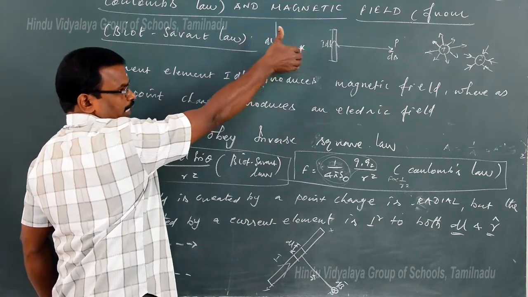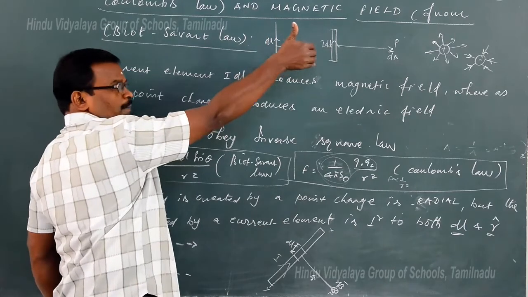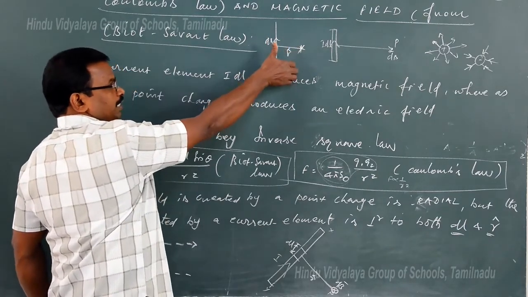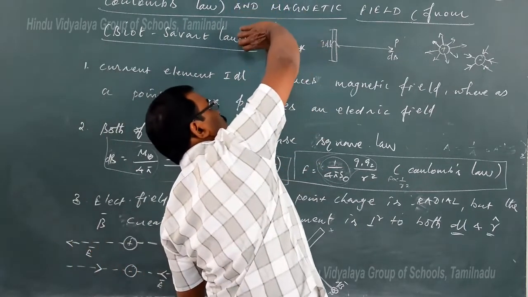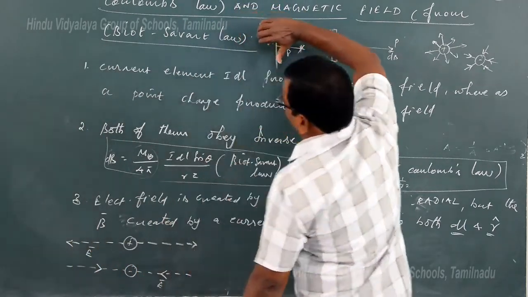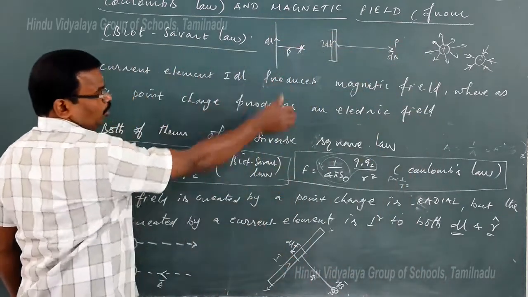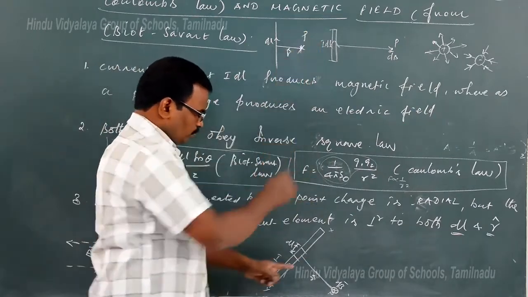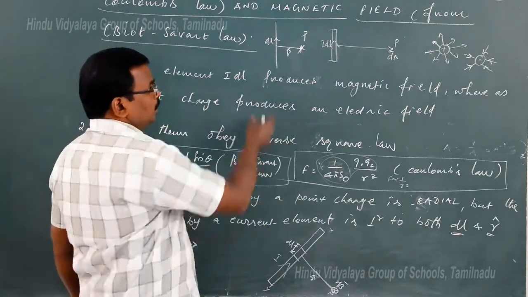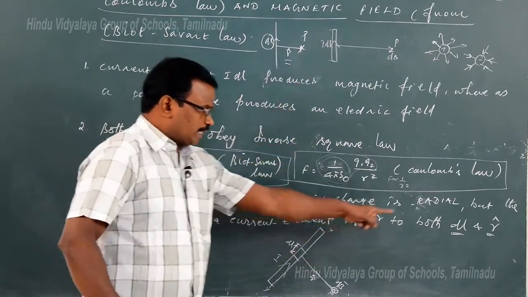The remaining fingers give the direction of the magnetic field, which acts perpendicular to the board, inward, when the current passes from bottom to top. Suppose the current is top to bottom, it would come out here. At that time the magnetic lines of force go clockwise, now anti-clockwise. Anyway, the magnetic field at this point P should be perpendicular to dl as well as the position vector r cap.